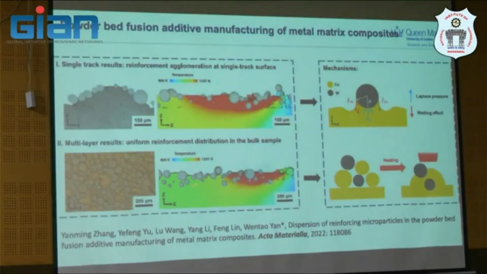And the next length scale is more about the use of nanoparticles like tungsten carbide in copper, because copper is a high reflectivity material. That means it will reflect a lot of energy from the laser heat source. We need to find some material that absorbs energy, to confine energy into the domain to melt something.